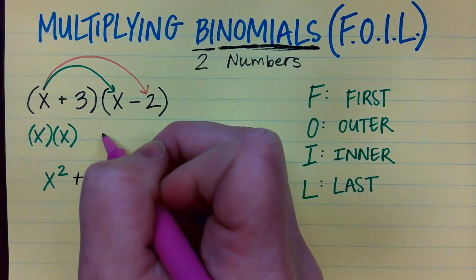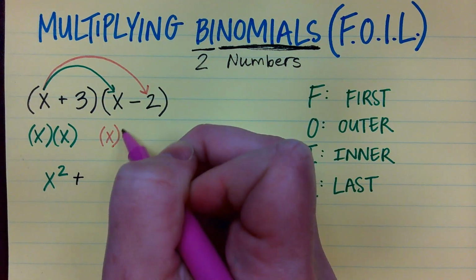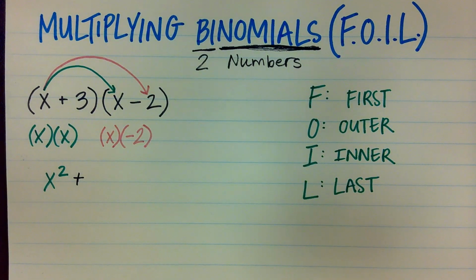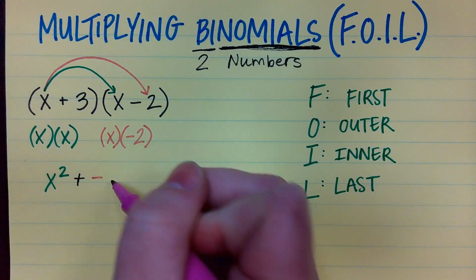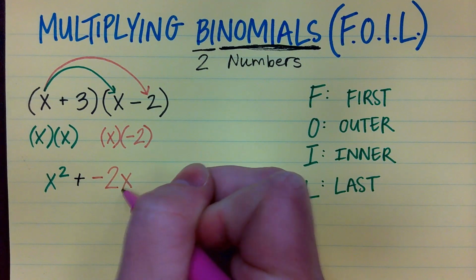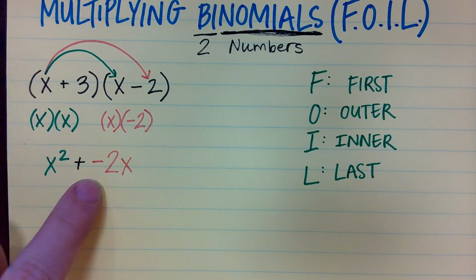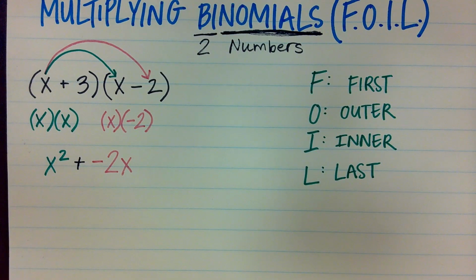is going to be x times -2. -2x. Good. -2x. And we'll simplify later. I know we've got plus and negative. We'll get rid of that later. Okay, so the next thing in FOIL says inner.